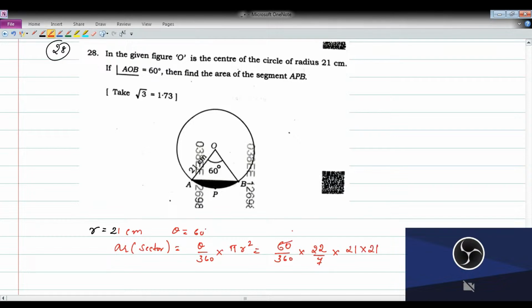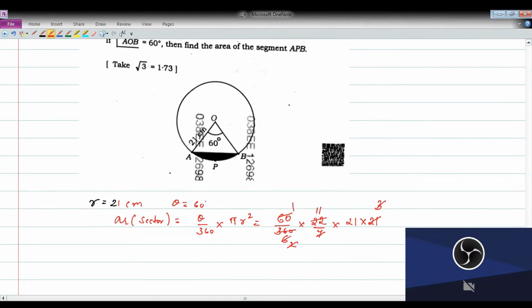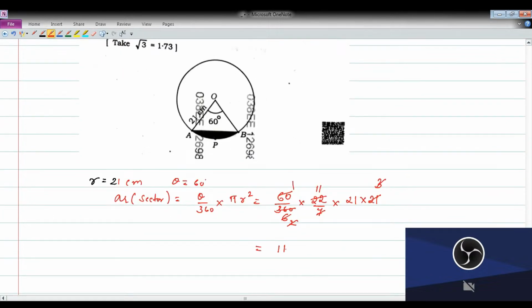So 6 ones are 6, 6 sixes are 36, 7 threes are 21, 3 ones are 3, 3 twos are 6, 2 ones are 2, 2 elevens are 22. So we got this is equal to 11 into 21, which is 231. So this is the area of the sector.